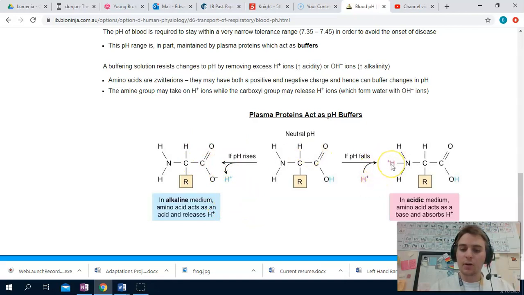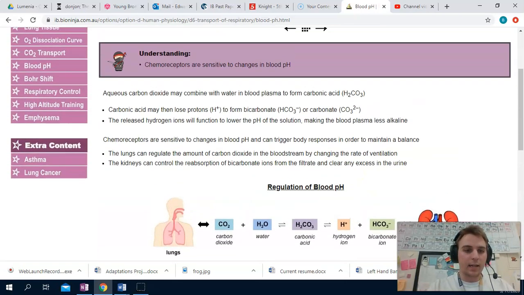If the pH falls, then a hydrogen will come in and latch onto this amine group over here. Both options create these amino acid ions, but overall it keeps the blood from becoming too acidic or too basic. So this is the basics of that idea.